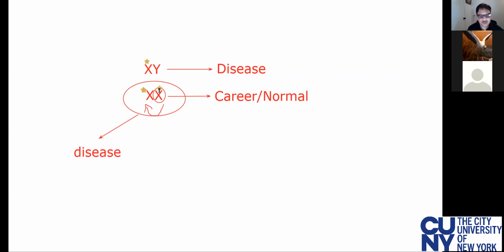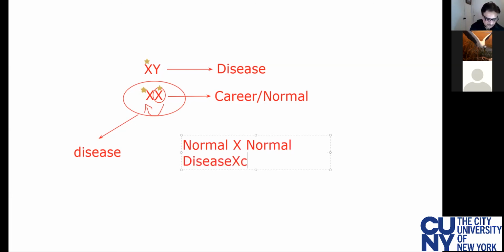Now the marriage could be between a normal male and a normal female, which is perfectly normal. It could be with a diseased male, with a carrier of a disease, or both could have the disease.